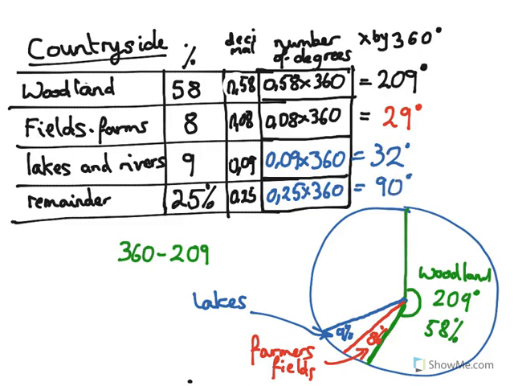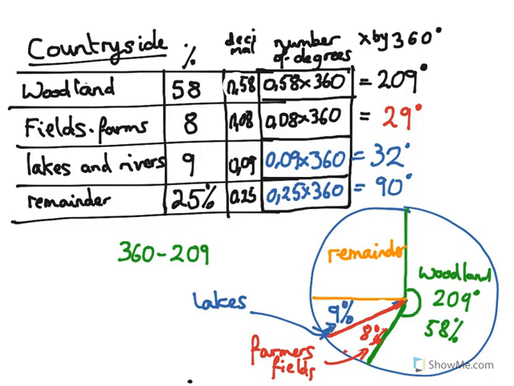And let's have that in yellow. So the remainder here should be anything that isn't forest or fields, farmers' fields, or lakes and rivers. So then we can see I actually have to adjust mine here. I'll redo that a little bit neater so that my farmers' fields are here at 8% and my lakes are here at 9%.